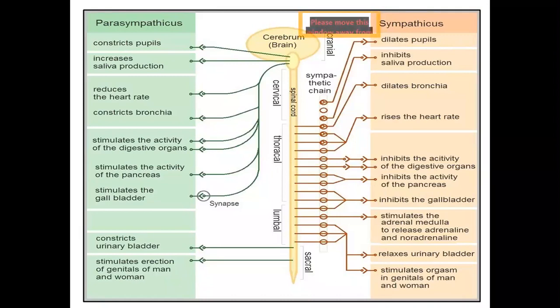Sympathetic reduces secretion of the salivary gland, whereas parasympathetic increases it. Sympathetic causes secretion of adrenaline, whereas parasympathetic has no effect on the adrenal gland. In general, we can say that the sympathetic nervous system is excitatory, whereas the parasympathetic is inhibitory.